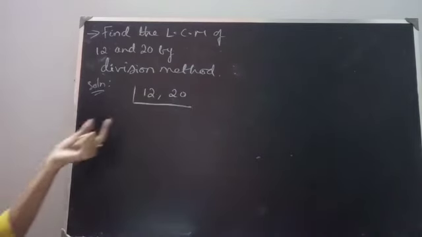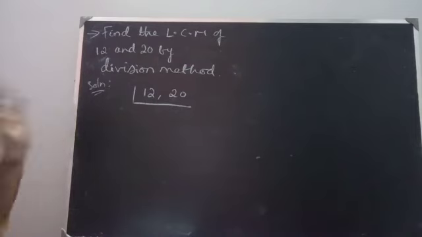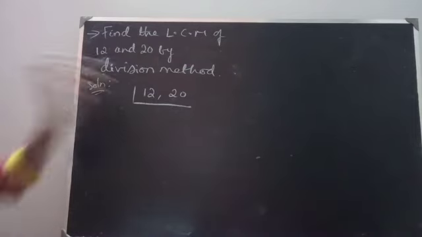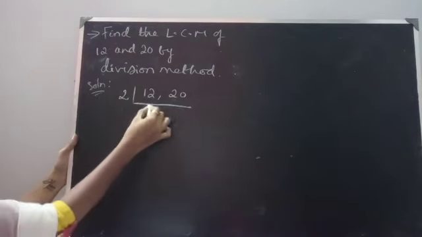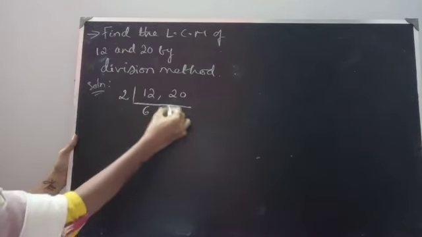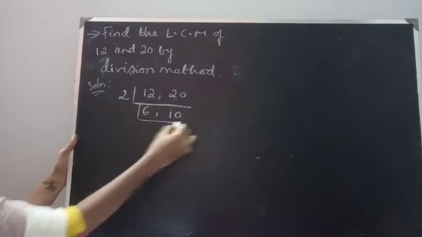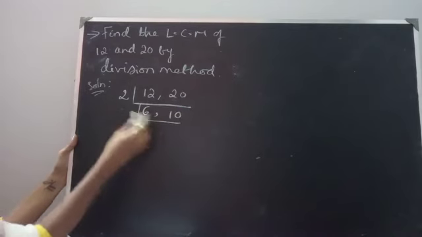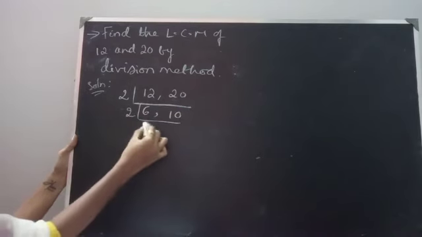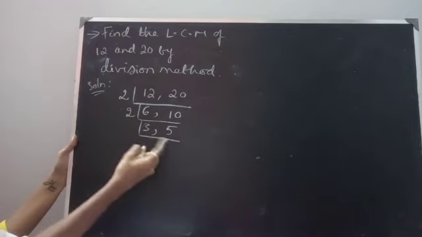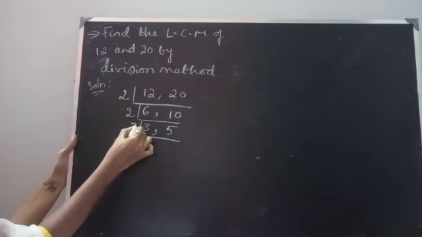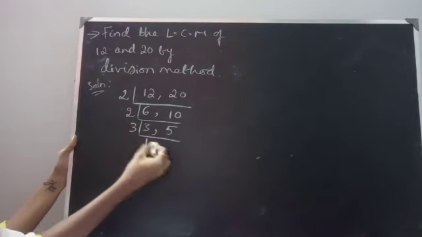So the number must be exactly divisible. 12 and 20 are exactly divisible by 2. 2 sixes are 12. 2 tens are 20. Again 6 and 10 are exactly divisible by 2. 2 threes are 6. 2 fives are 10. 3 is exactly divisible by 3. That is 3 ones are 3.